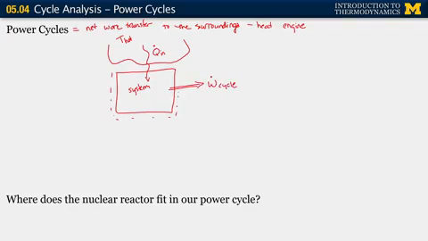And of course, we're considering this analysis from the viewpoint where the power cycle is the system. And that power cycle has to reject heat to some cold temperature reservoir.